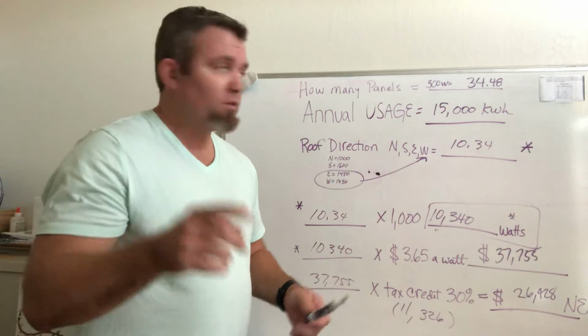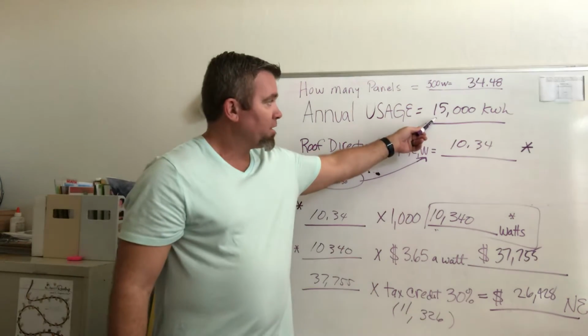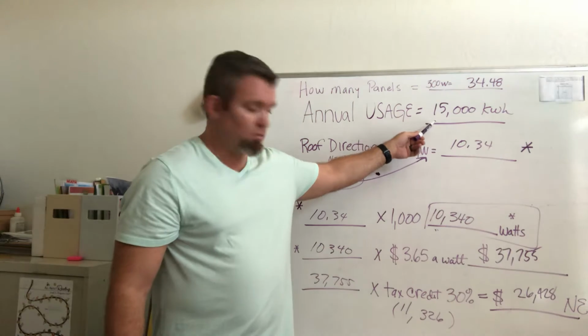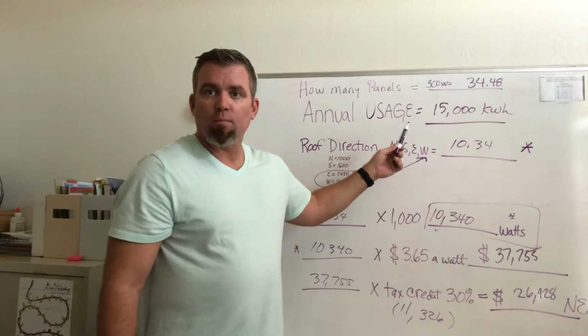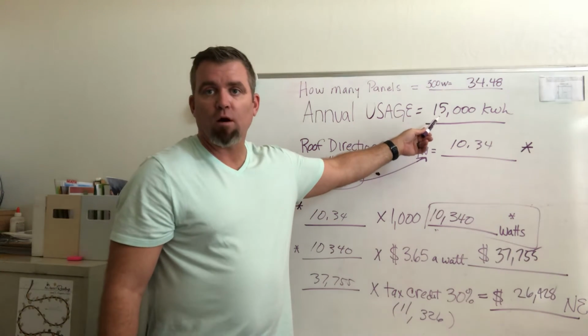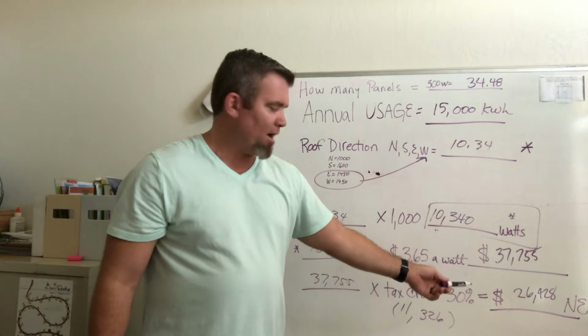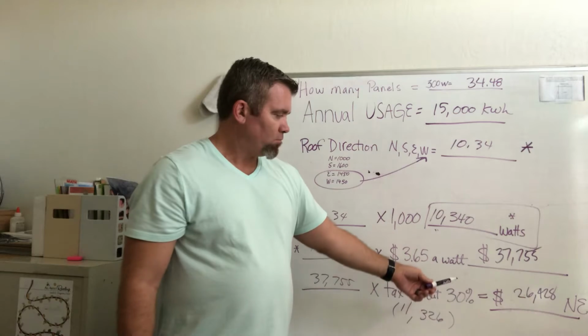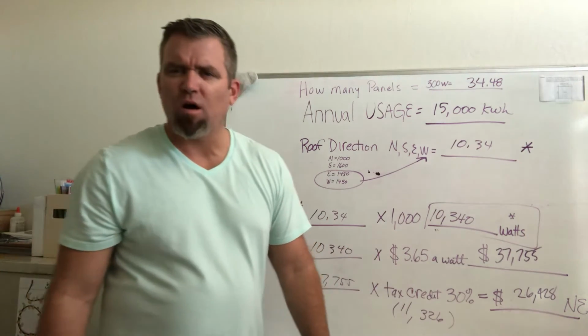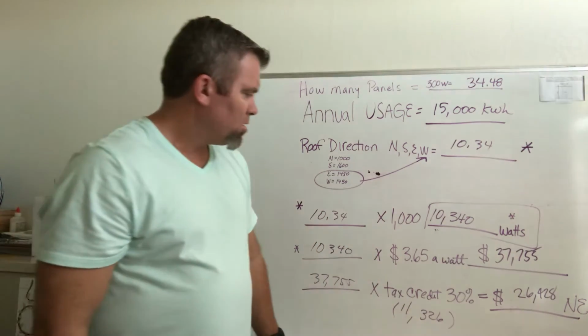And I guarantee you, at this number, take this number and times it by 0.28, which I did not do, this bill is probably $340 on average a month. And when you go solar, it takes it back down to, what did I say, 180 bucks a month, something like that.